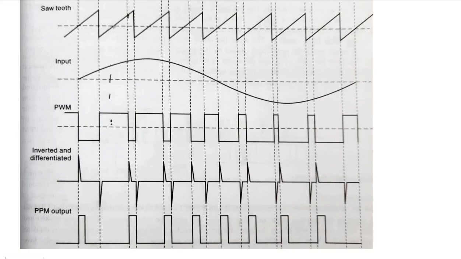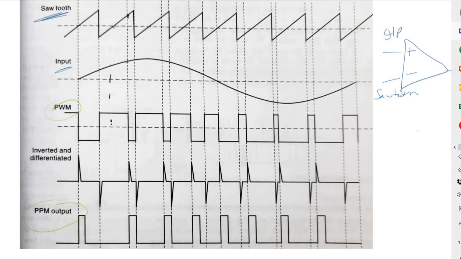So let us now understand the generation of pulse width modulation and pulse position modulation with the help of these waveforms. As we know, for pulse width modulation generation, we pass the input signal and the sawtooth waveform through a comparator. We give the input signal on the positive terminal, and on the negative terminal we give the sawtooth waveform to generate PWM.